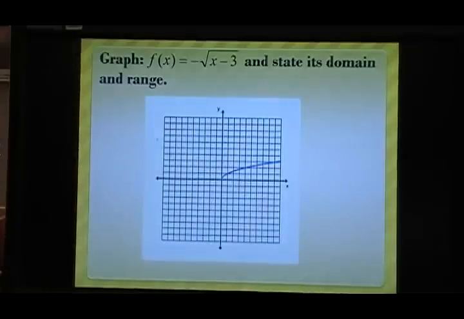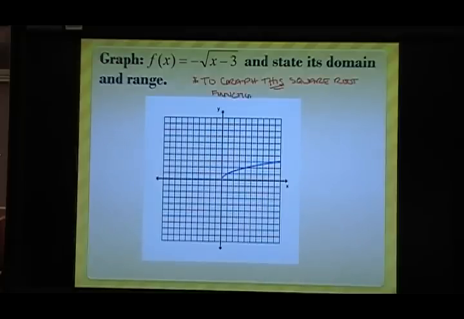And so the first aha moment you're going to have is to say, oh, this is a square root function. So to graph this square root function, I can transform the basic square root function.